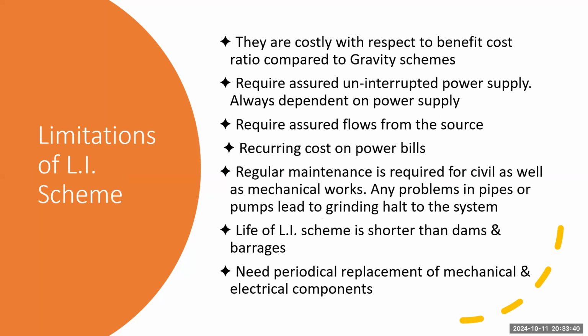Okay, after these points, now we are going to discuss the limitations of lift irrigation. The first limitation of a lift irrigation scheme is that it is much costlier as compared to flow irrigation. In case of any irrigation scheme, the benefit cost ratio is 1. In a lift irrigation scheme, this cost benefit ratio is generally higher, more than 1.